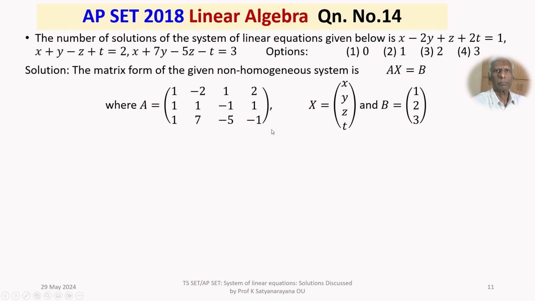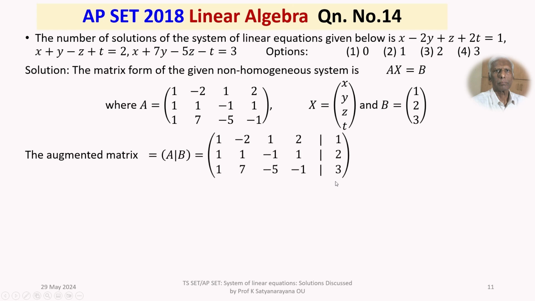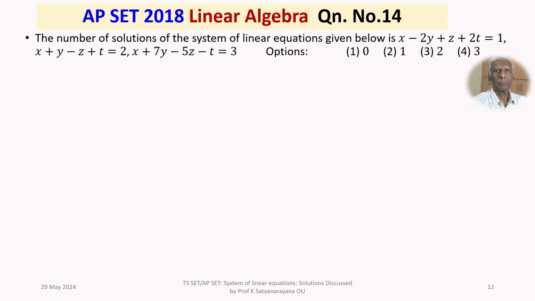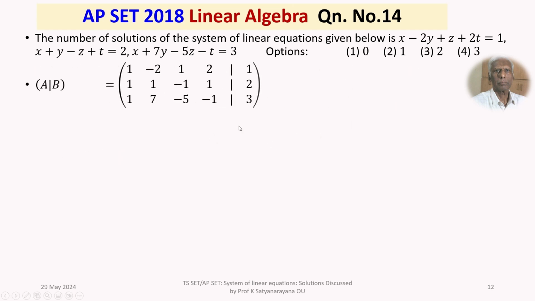Now write down the augmented matrix A with B. And we continue. The augmented matrix is here, and our goal is to bring it to an echelon form. So R2 is R2 minus R1, R3 is R3 minus R1.